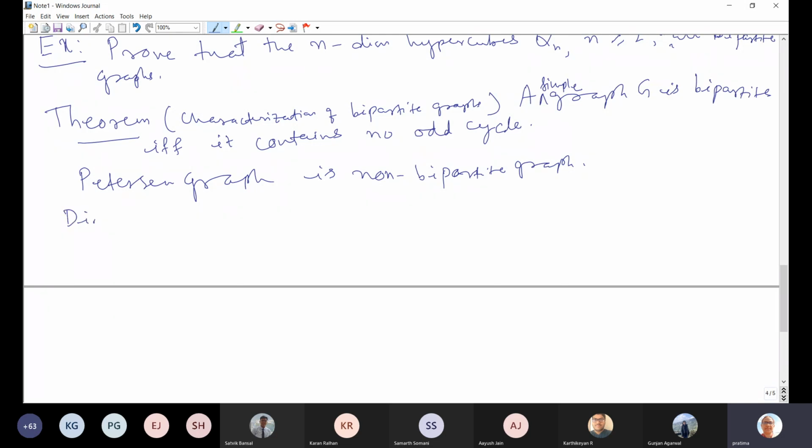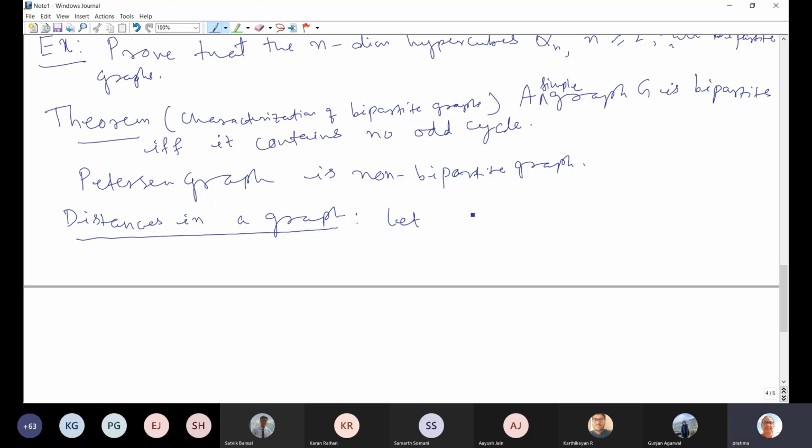So, distances in a graph. How can we define the distance between a pair of vertices? Actually, we define it like this.